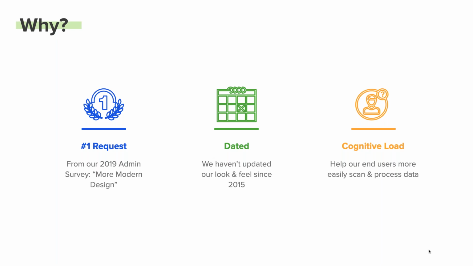And that's really impactful, particularly for our end users, right? The people that you build your applications for. When they're looking at grids, how are they scanning across all the data that's contained there and processing it? And so we want to figure out how we can reduce the cognitive load of those end users so that it's easier to use and they have a more pleasant experience while they're using the applications that you've all built.